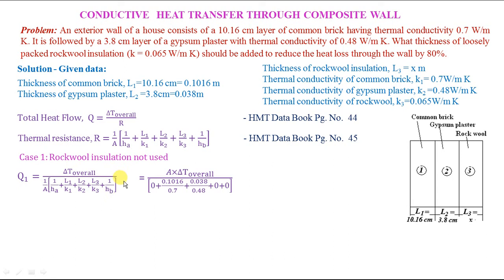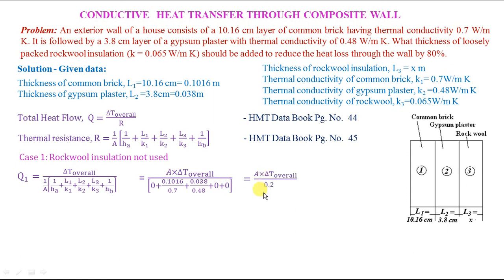That is equal to A into delta T overall divided by 1 by HA will be 0, so 0 plus L1 by K1 is equal to 0.1016 by 0.7 plus L2 by K2, that is 0.038 by 0.48, and rock wool insulation is not used, so L3 by K3 will be 0 and 1 by HB also will be 0.